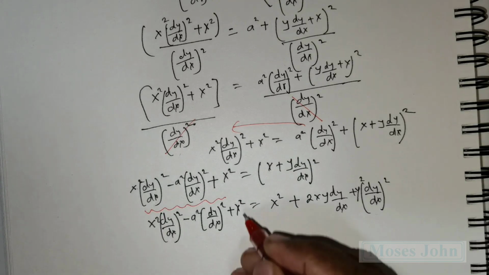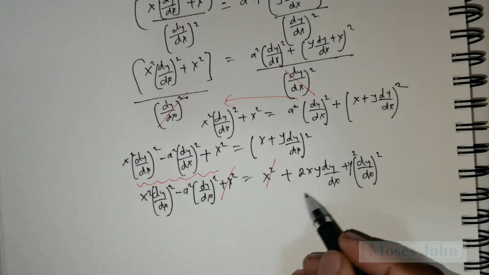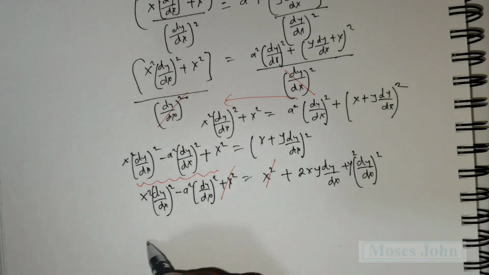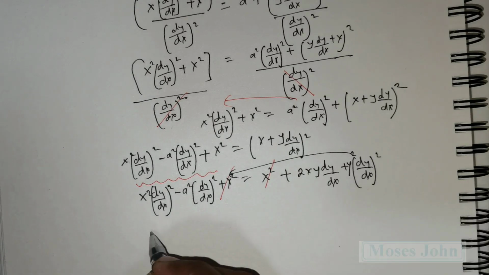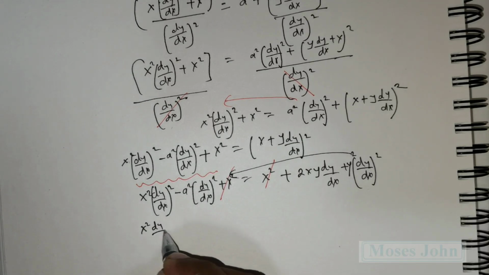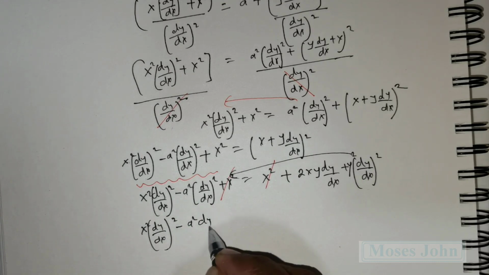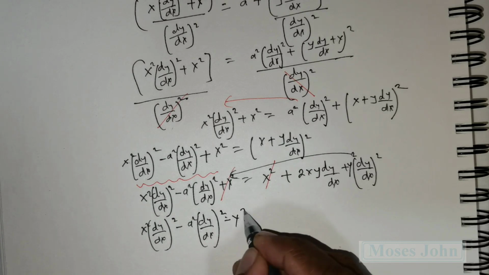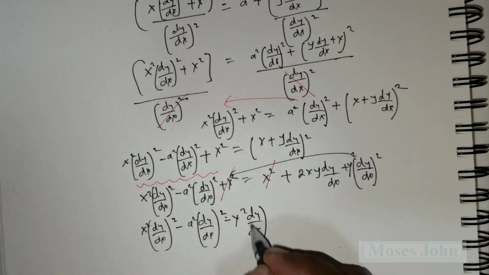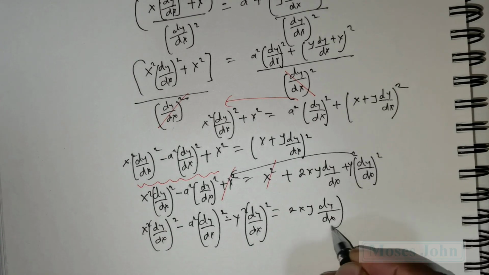Now clearly the x squared can be cancelled. I can move these terms to the left, so that is going to be x squared times dy over dx raised to the power 2 minus a squared dy over dx raised to the power 2 minus y squared times dy over dx raised to the power 2 is equal to 2xy dy over dx.